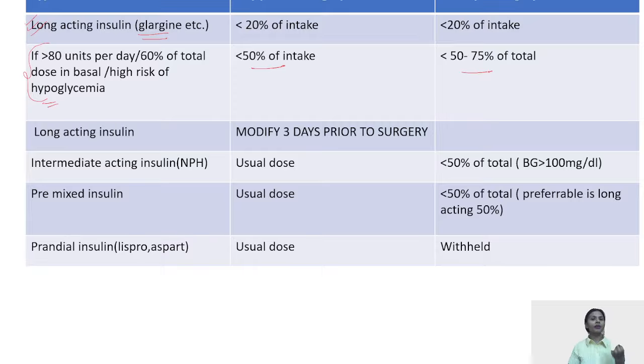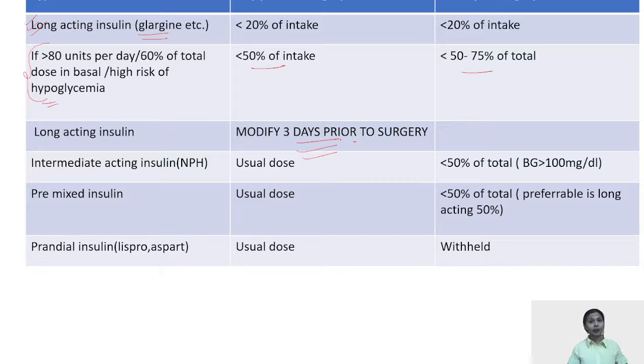The dose has to be decreased by 50% in these two exceptional cases, in which the long-acting insulin dose is around 80 units, or it is 60% of the total insulin dose. And all this has to be done at least 3 days prior to surgery.